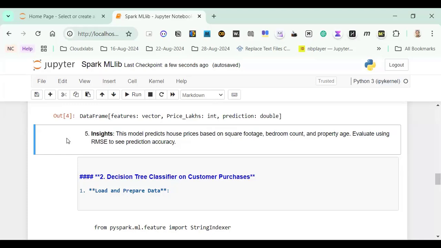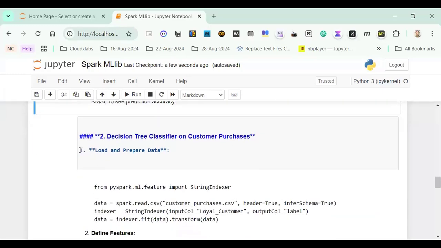So the insight we get for this simple, small data: this model predicts house prices based on square footage, bedroom count, and property age. Evaluate using RMSE to see the prediction accuracy. Okay. So let's move ahead with the decision tree, the same way.